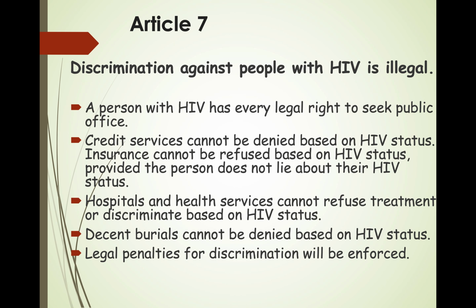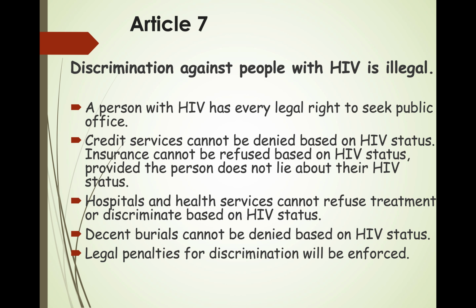Moving on to Article 7 as well. A person with HIV has every legal right to seek public office. If an HIV patient feels they are being discriminated against, they can go to any public office to report it. Credit services cannot be denied based on HIV status.